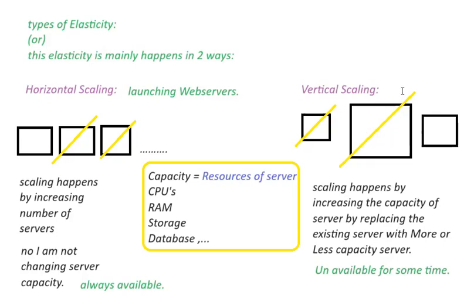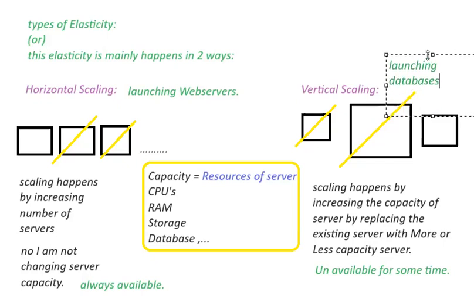Now, can you tell me, where do we use vertical scaling? Whenever we say launching, it is nothing but creating or developing; all these words come under the same sentence. Whenever we are launching databases, I need to use vertical scaling.